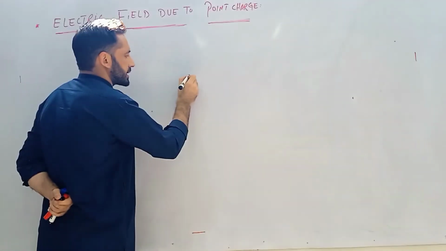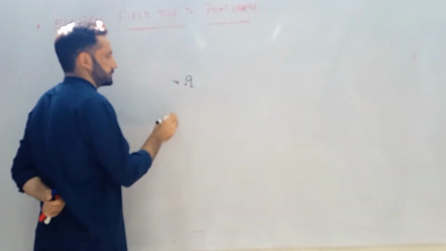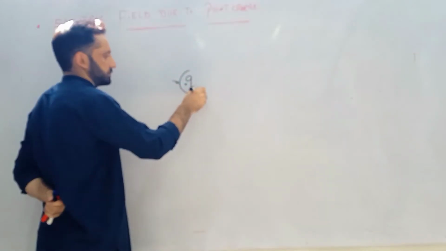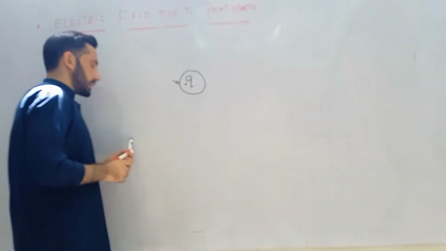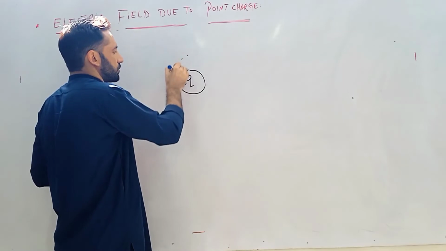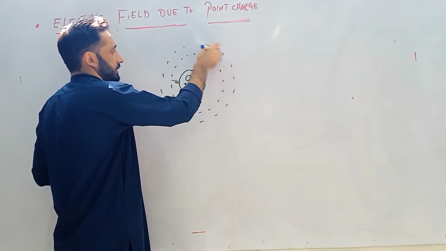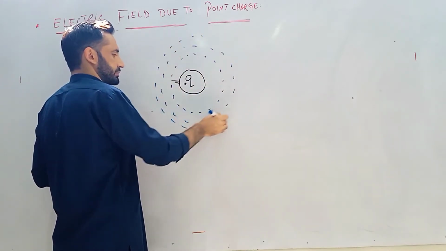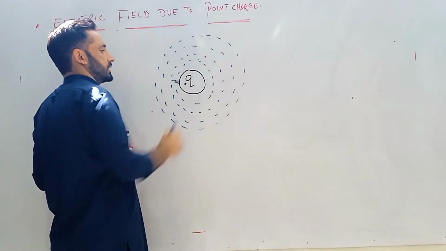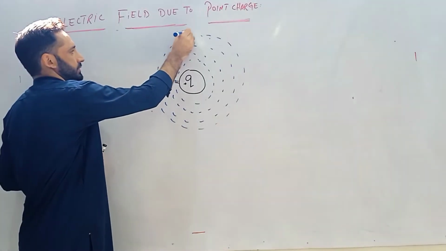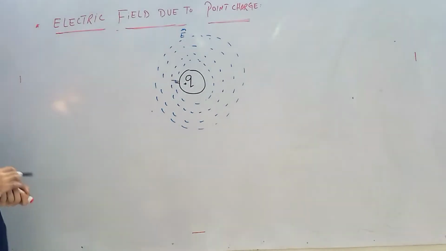That is your source charge, plus Q. Now the source charge is there. Around that source charge, within the electric field generation, this is called the electric field. The electric field at a certain distance, say R, at your point, consider it P. Now what is this electric field?